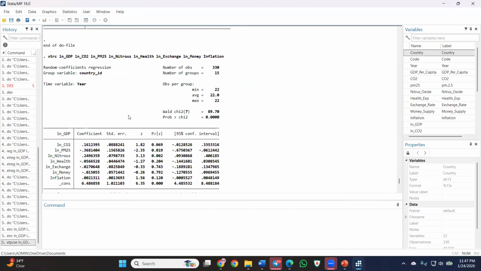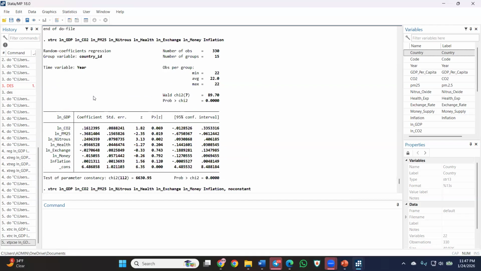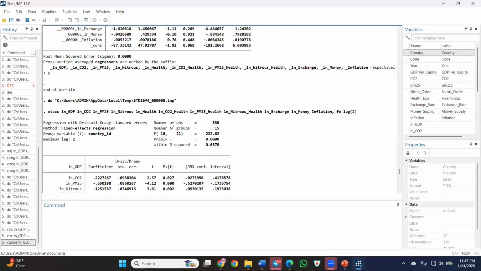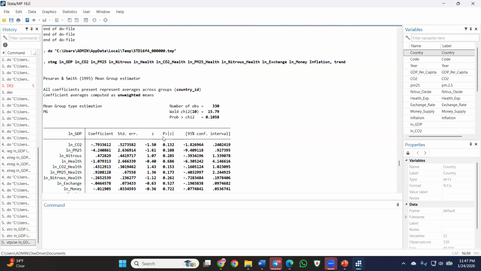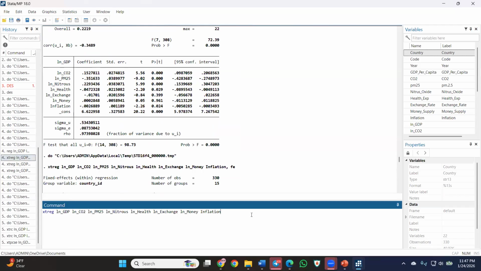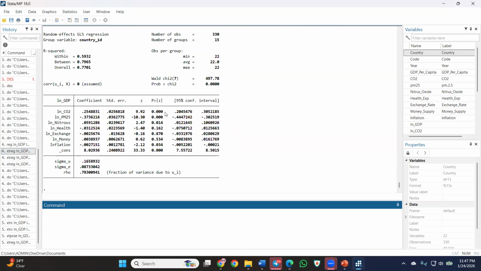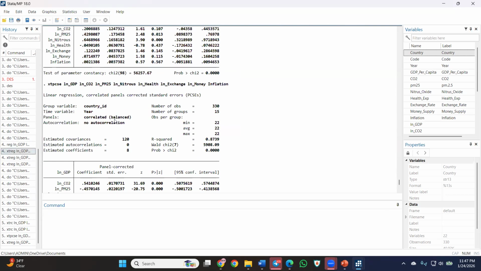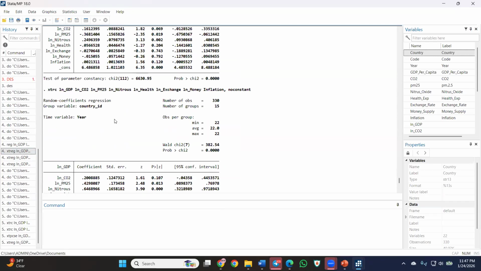Can you see that? This is the random coefficient. Look at the significance level, the p-values. And look at the random effect we had earlier. Where is that one? You see this one. This one too is a random effect.